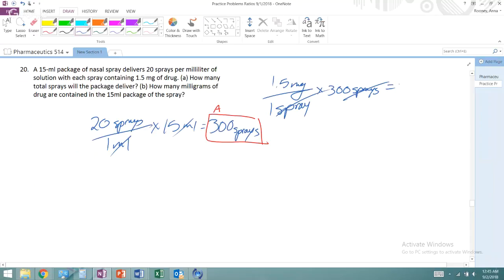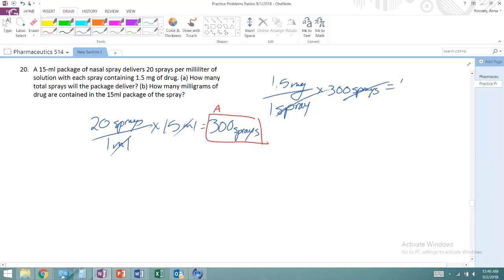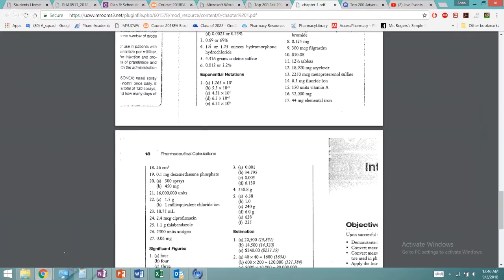So that would be, I think, 450 off the top of my head. But I want to double check. 1.5. Yes, 450. Because I am tired and I don't want to give people the wrong answers because I'm tired. So, yep, that is correct.